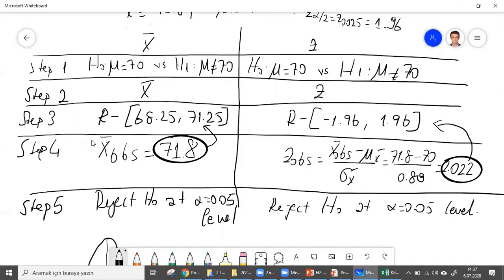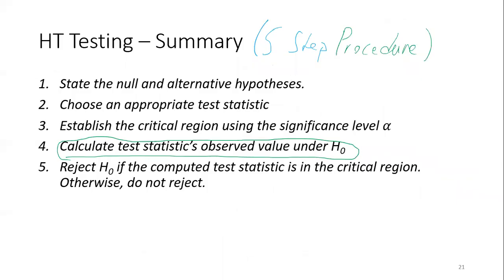Well, this is the 5-step procedure of making a hypothesis test. Okay, so I don't see this 5-step procedure in any of the books that I have read. This is something that I made for myself to understand the hypothesis testing better. And up to now, students like this.